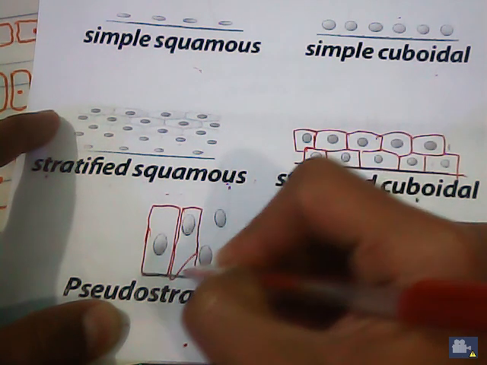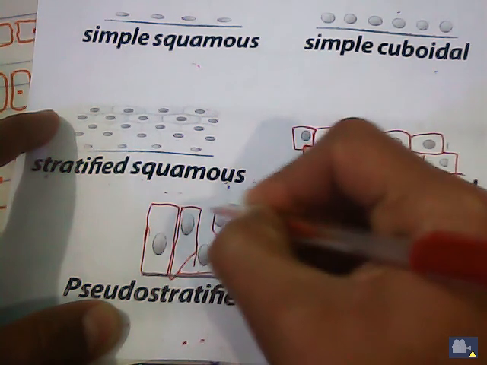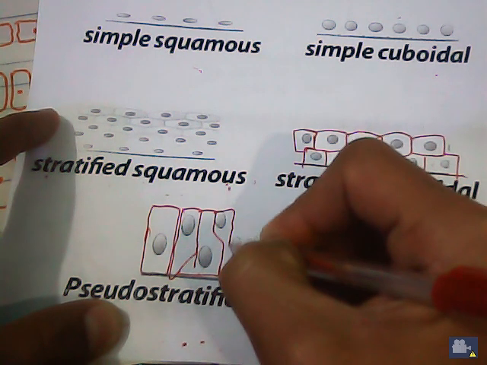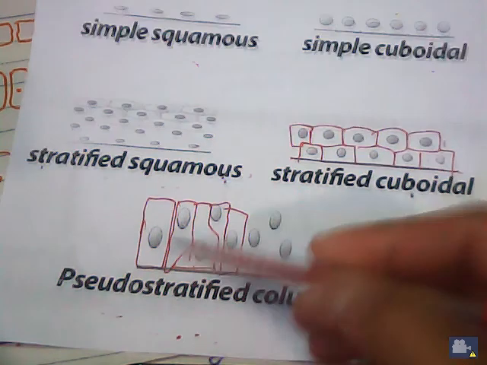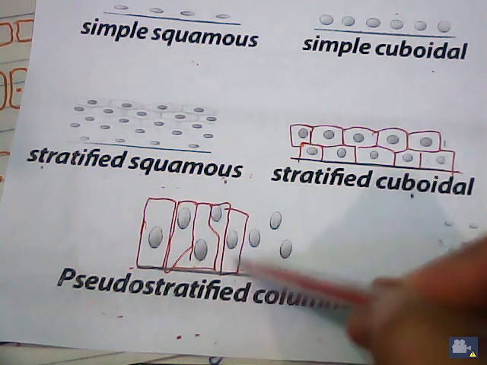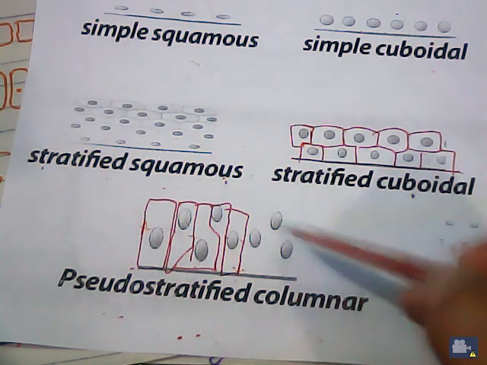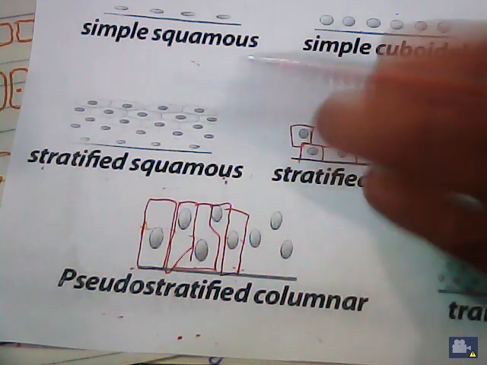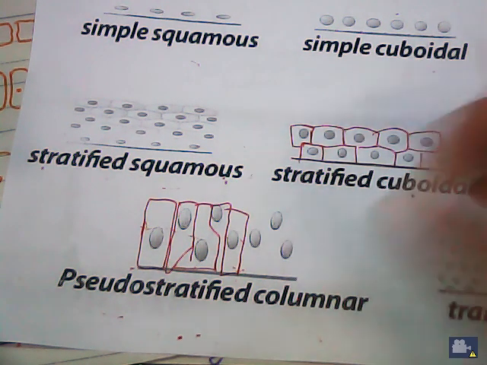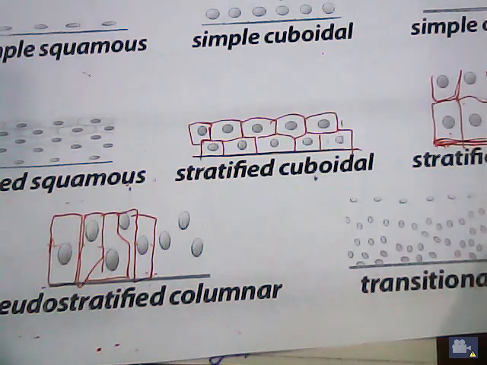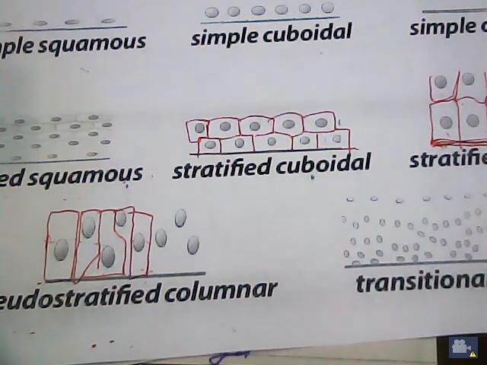to the basement membrane, but it gives a sense of layering, that some cells are above, some cells are in a lower row. So it gives an appearance, but these are called pseudo-stratified.